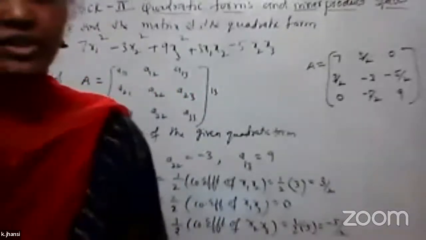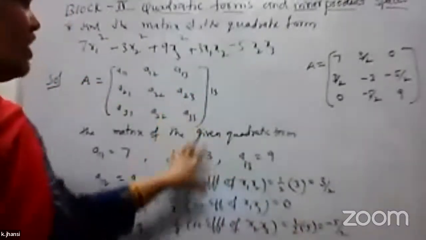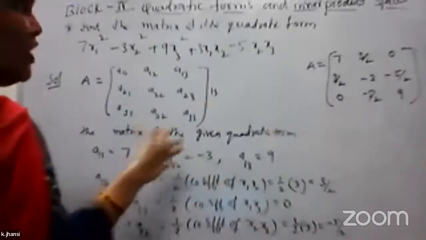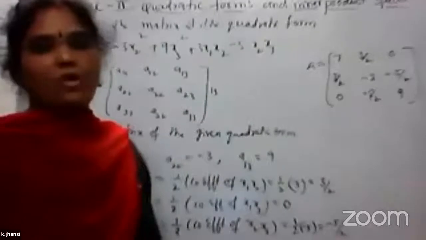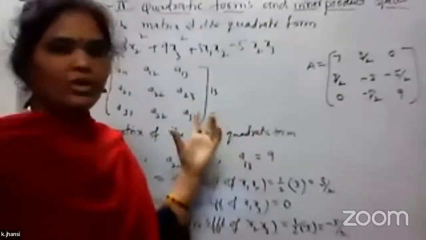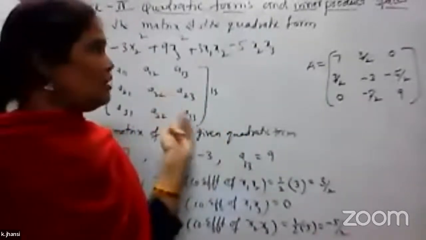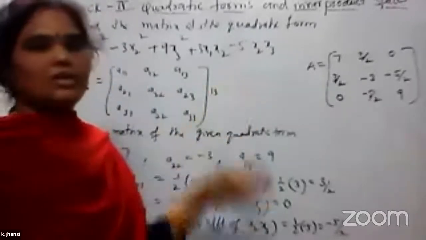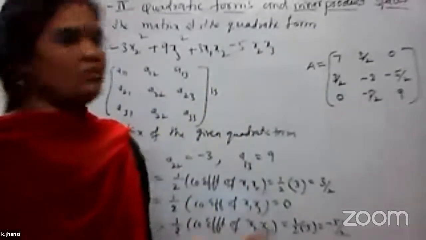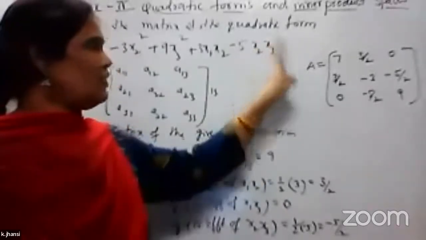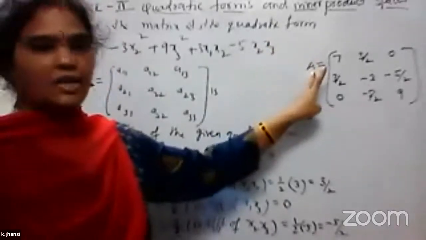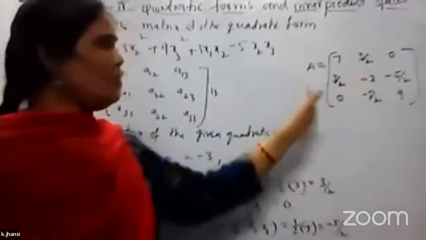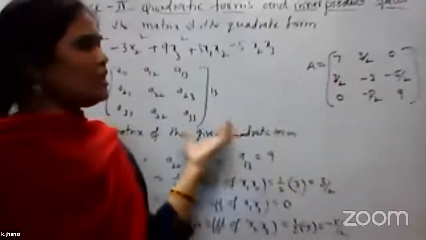In this, one more concept is that whenever you get a matrix like this, we have to see whether the quadratic form is negative definite or positive definite. That is also a question for 5 marks. For this, we have to find the characteristic equation, that is A minus lambda I of this matrix. Then you will get a polynomial.